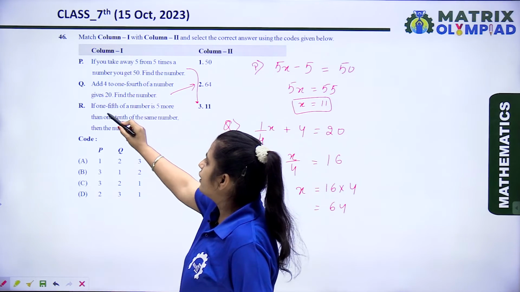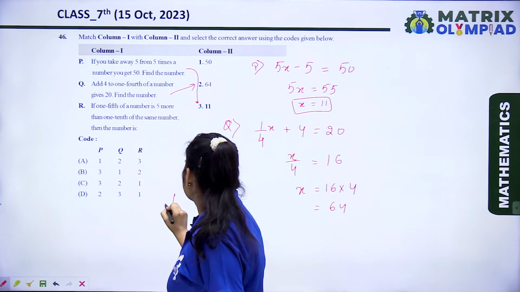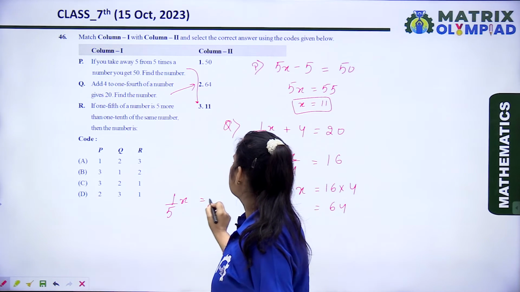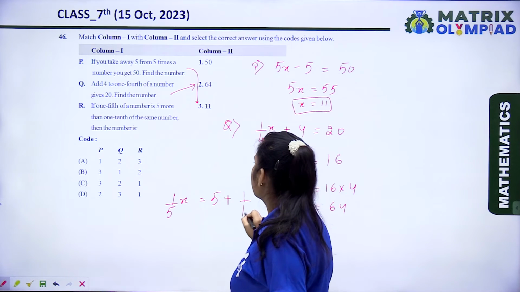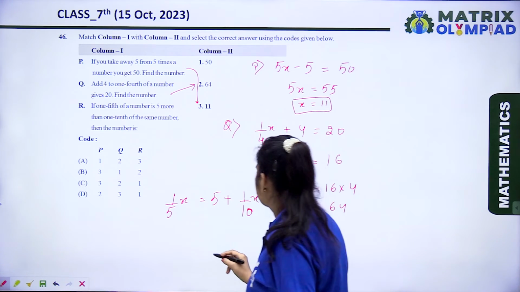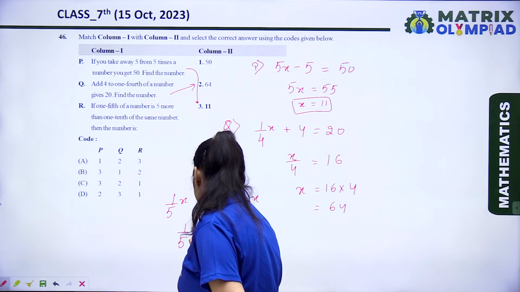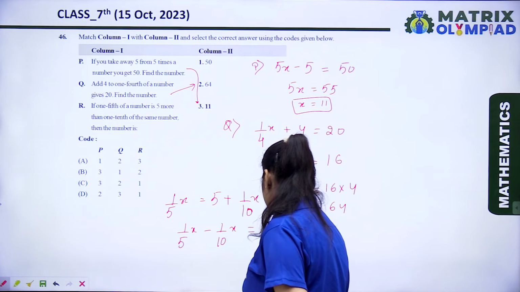Now the next one is: if 1/5 of a number is 5 more than 1/10 of the same number. So here let's solve it. x upon 5 minus x upon 10 equals 5.